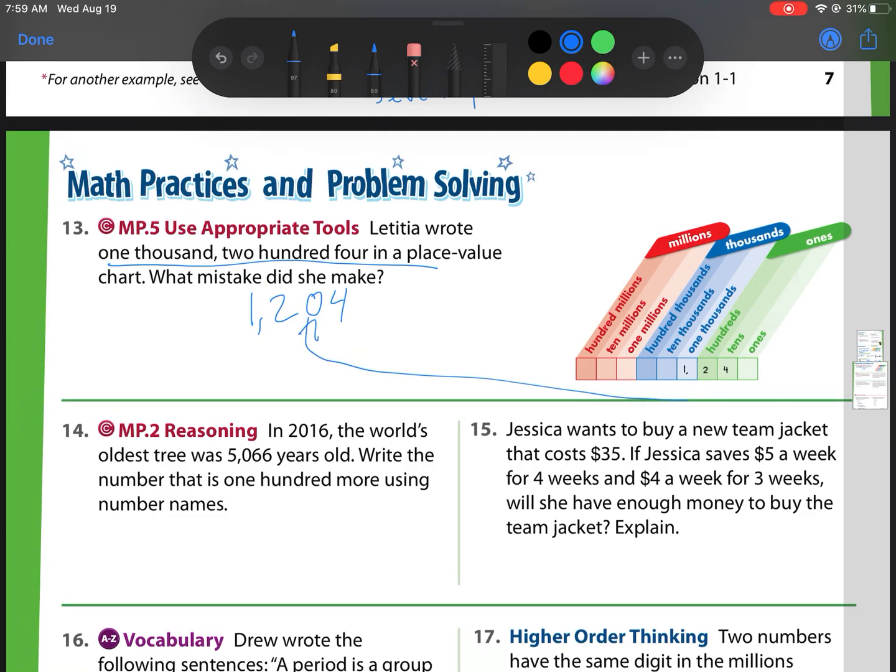Well, her mistake we can see is that she put the 4 in the 10 spot. So we're going to put this for our answer. She put the 4 in the tens place value and not the ones place value. Okay, and since that's a complete sentence, we do need that period.